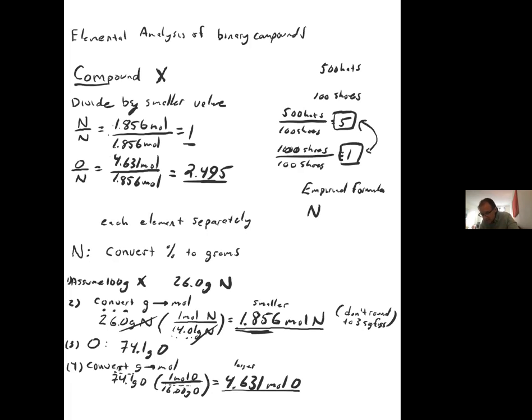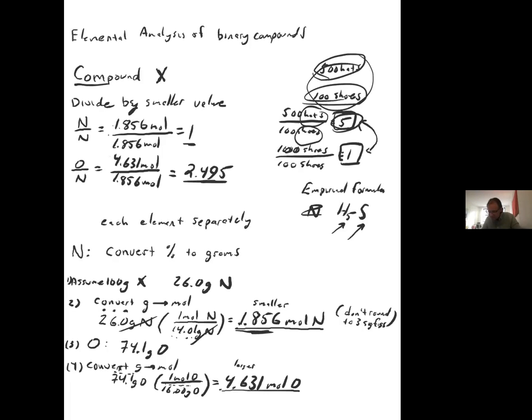So if we were using hats and shoes, it would be 5 hats for every 1 shoe. You're just trying to find out what they are relative to each other without using big numbers like 500 and 100.